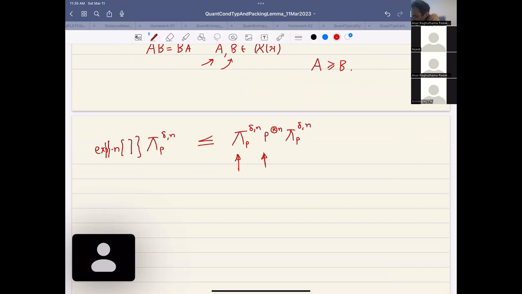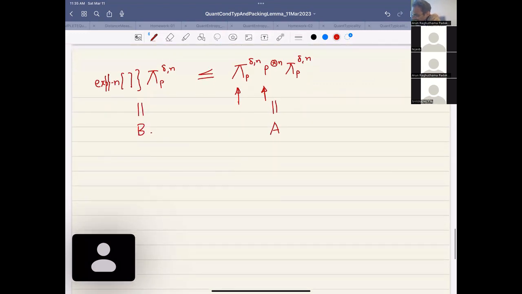Let's call this A and this B. Since pi rho tensor n equals pi rho tensor n pi rho, you can show that AB equals BA.